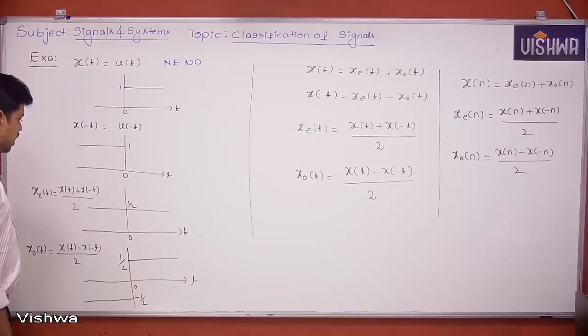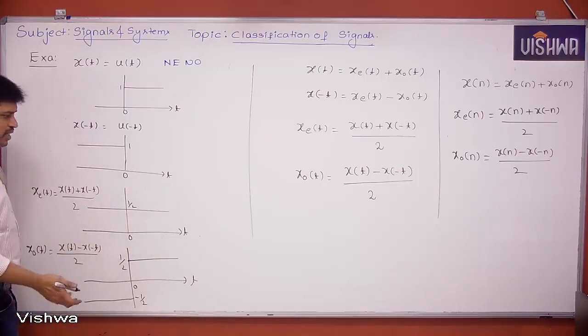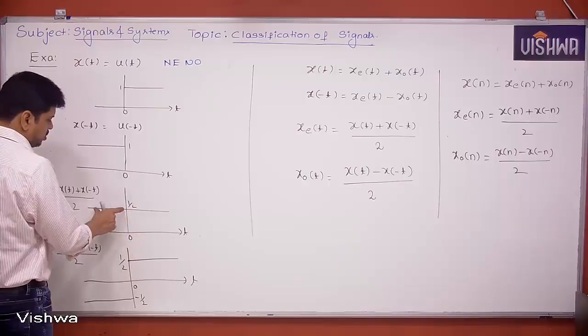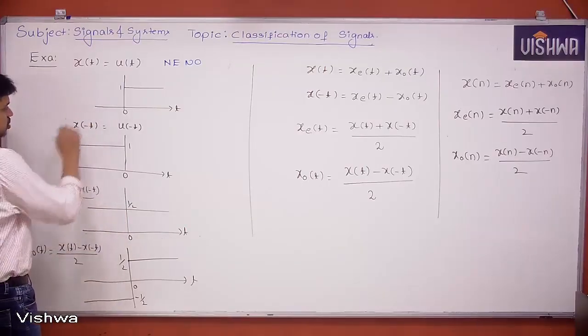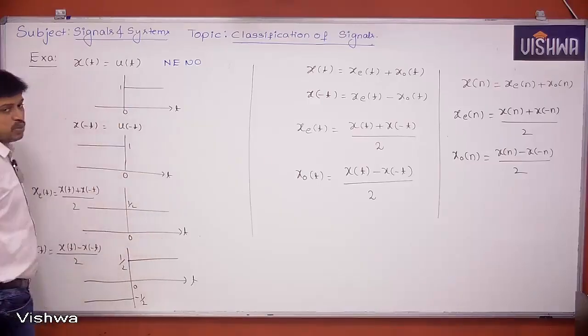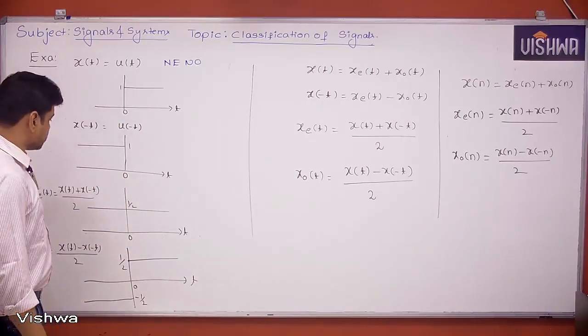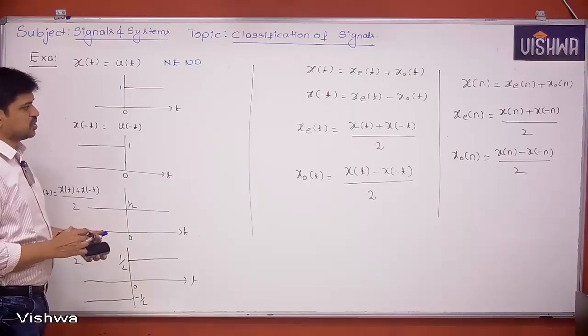Okay. Now I have a doubt. If I add them, can I get the original signal? Yes. Before 0, 1 by 2 minus 1 by 2, if I add them, you get 0. After 0, 1 by 2 plus 1 by 2, we get 1. So from this, can I conclude that yes, this is the even part and this is the odd part of x of t, which is u of t.